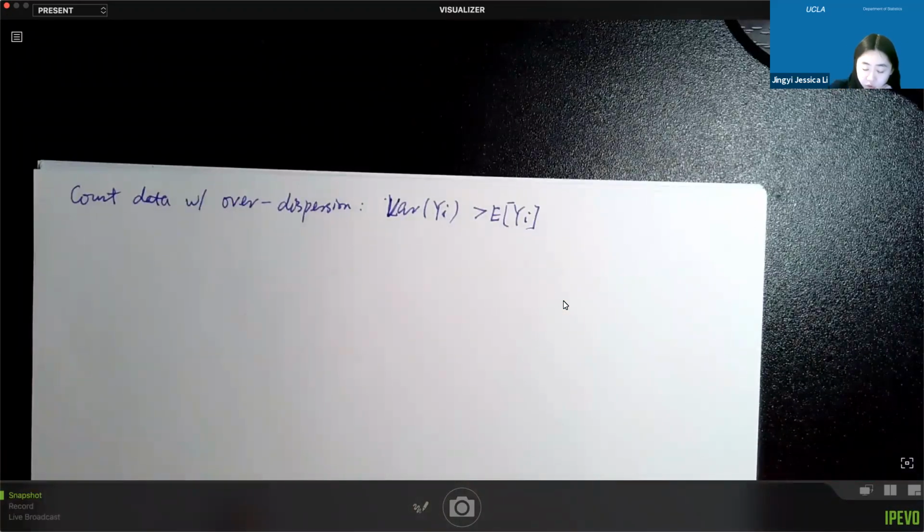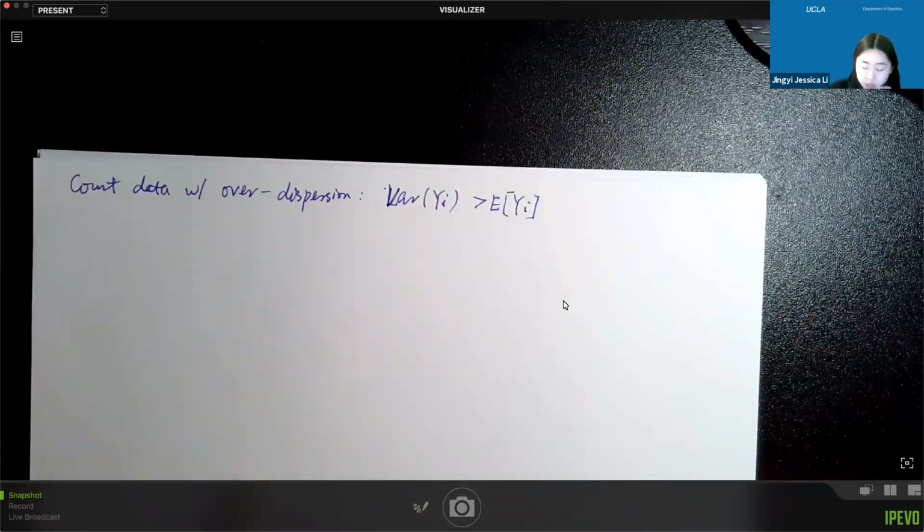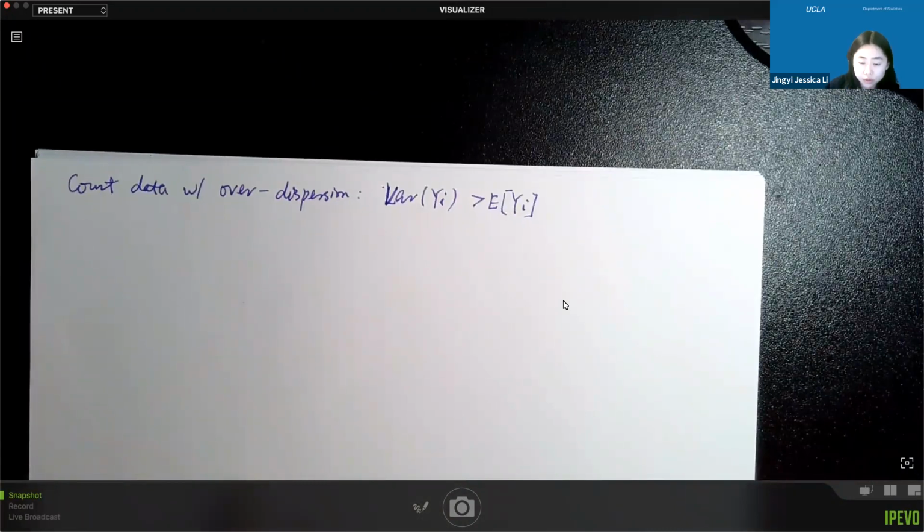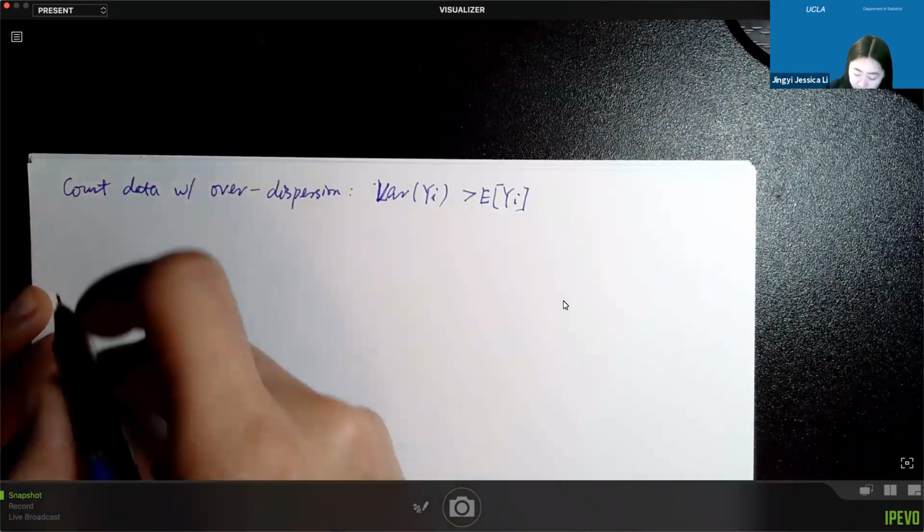And then how do we fix it? So we're going to introduce two approaches. One is what we call the Extra-Poisson model, and the other is called the negative binomial model. So these two are both models for count data, and they can fix this over-dispersion issue. So let's start with Extra-Poisson.